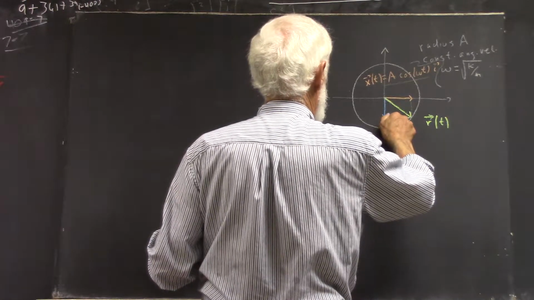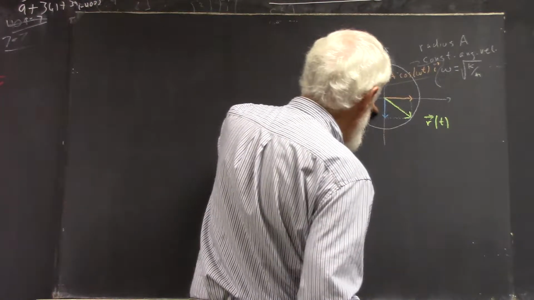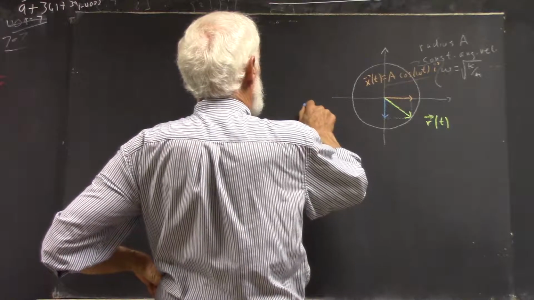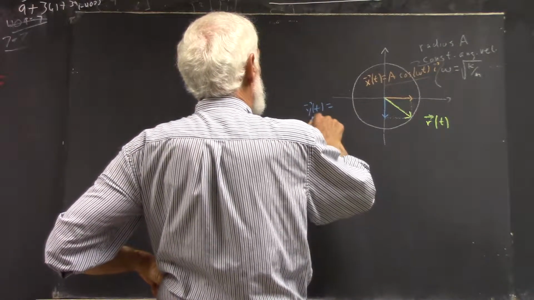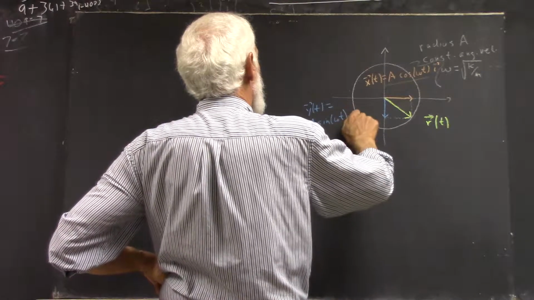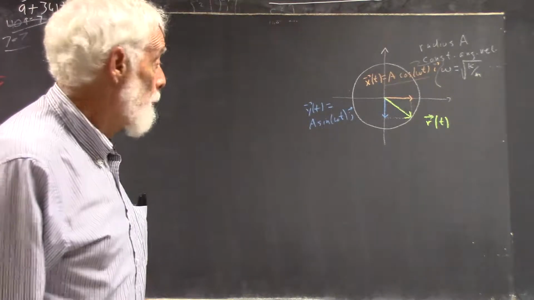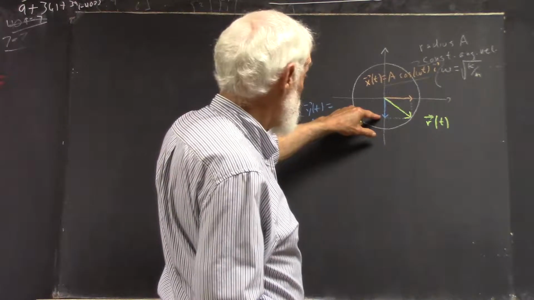Keep reminding yourself. Okay, well, we also have a vector here, y of t is a sine of omega t times j. So we have this.